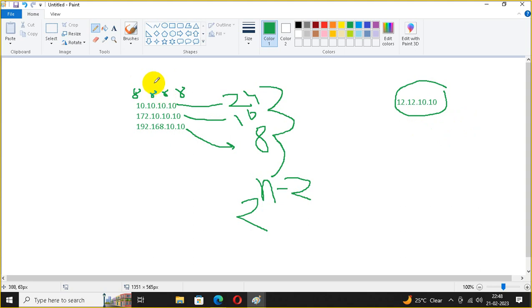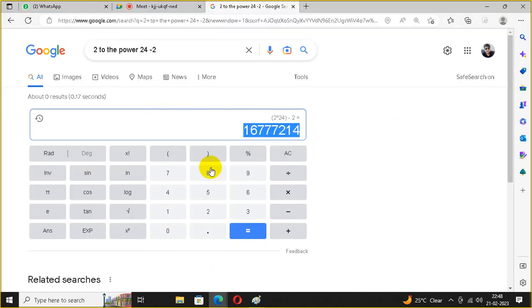Each byte is 8 bits, so 24 bits. And now what is the value of n? It's 24, so 2 to the power 24 minus 2, which means 1 crore 67 lakh 77,214. Clear?